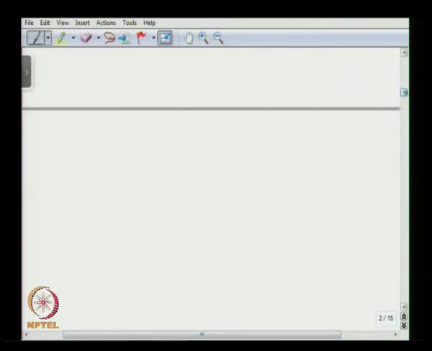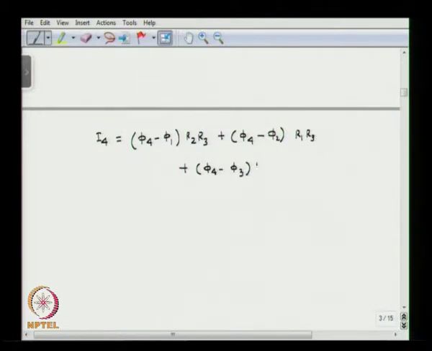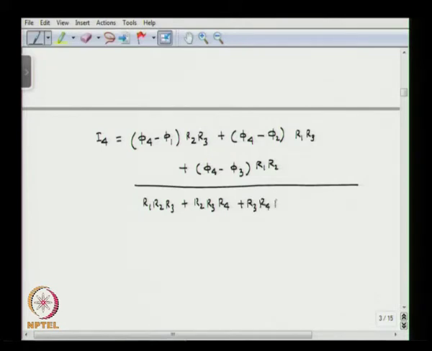So we can solve for I4. I4 will be phi 4 minus phi 1 into R2 R3, plus phi 4 minus phi 2 into R1 R3, plus phi 4 minus phi 3 into R1 R2, divided by R1 R2 R3 plus R2 R3 R4 plus R3 R4 R1 plus R4 R1 R2.